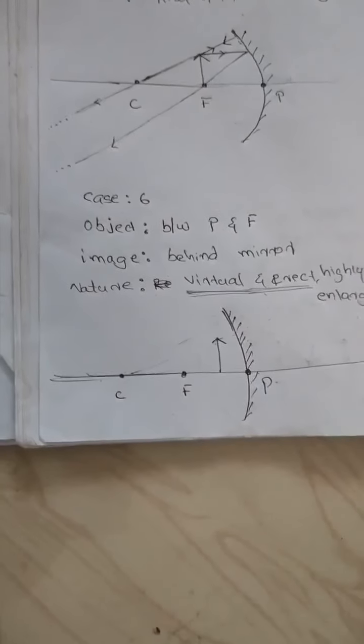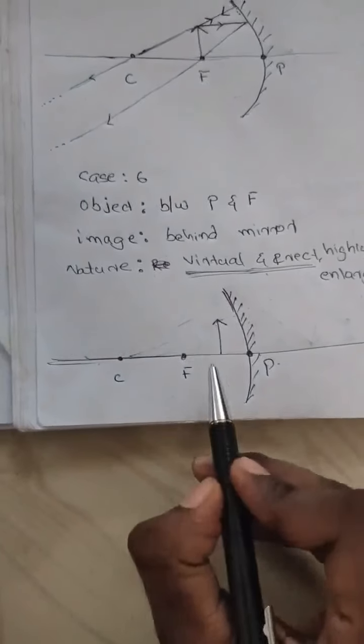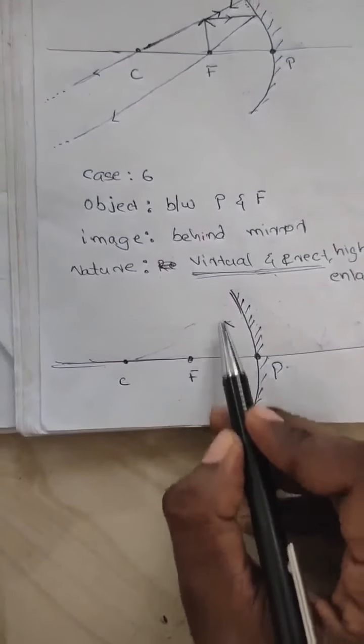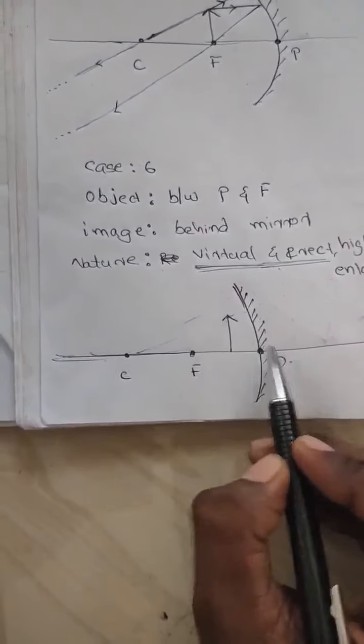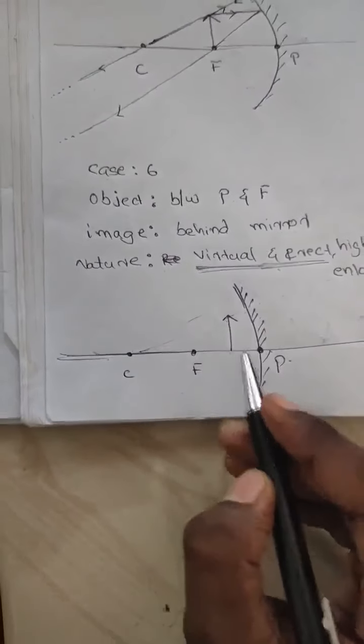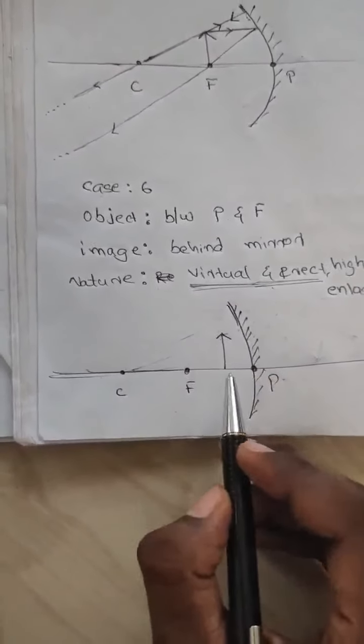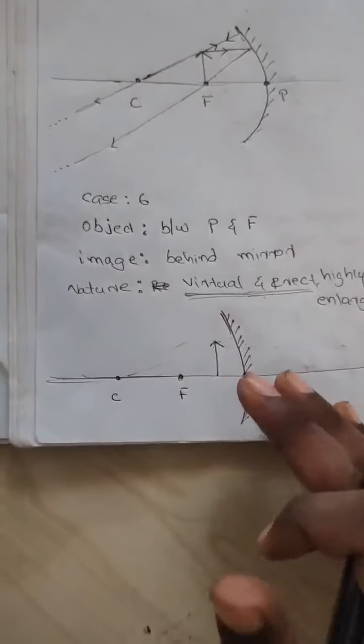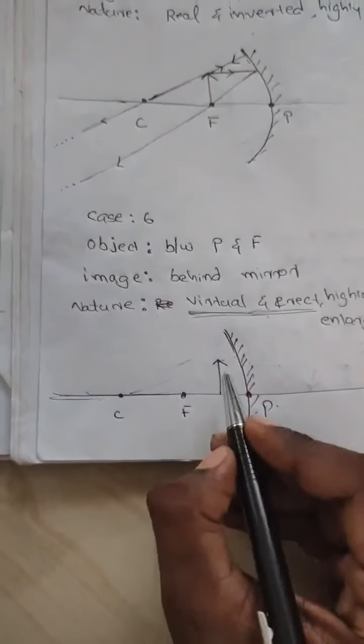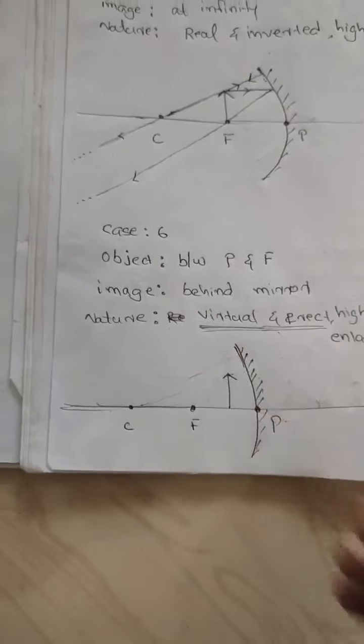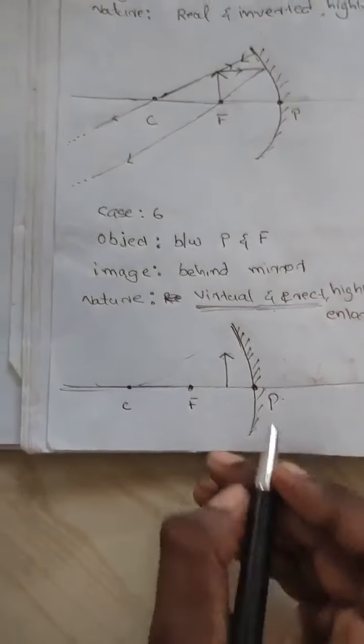Look at the 6th case. This is my object, in upward direction, placed between P and F, and the image is formed just behind the mirror. So to show that image formation, I am using two rays. Listen once again.